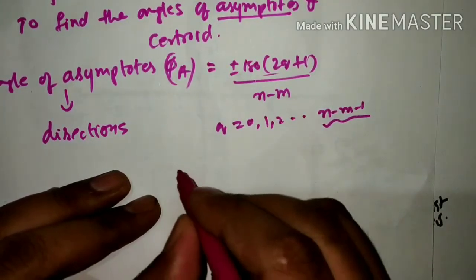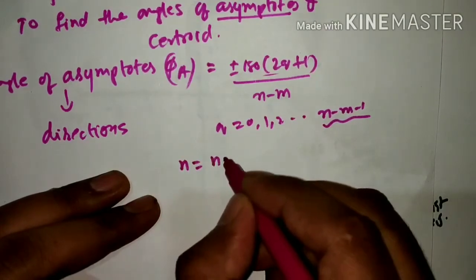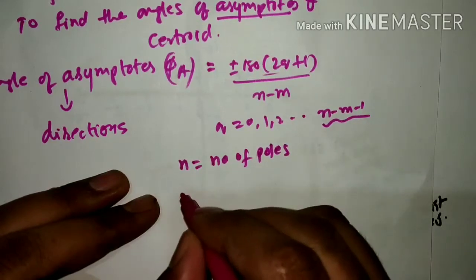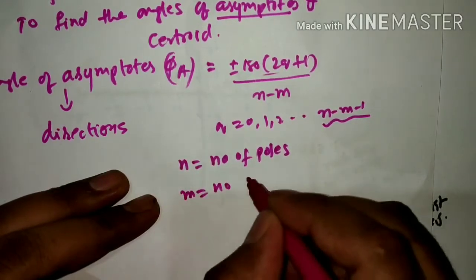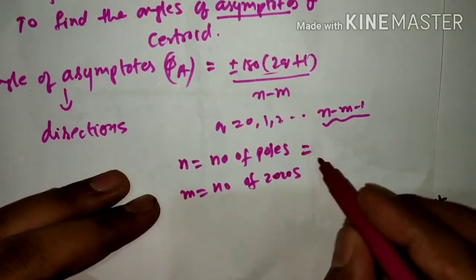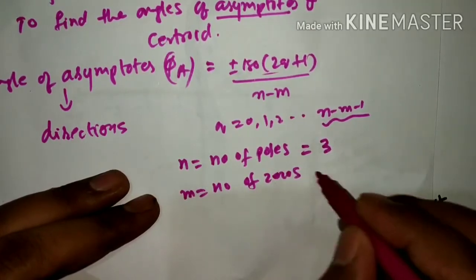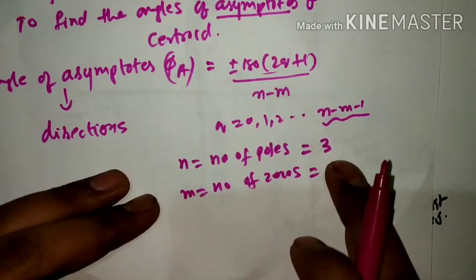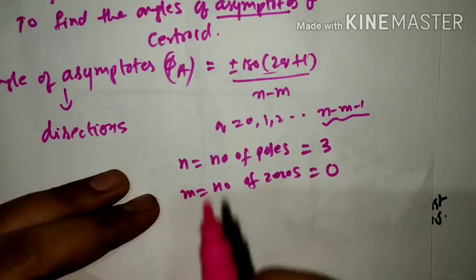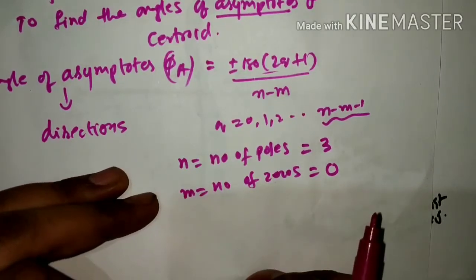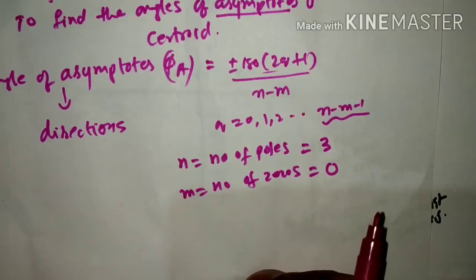Here n is equal to the number of poles, and m is equal to the number of zeros. The number of poles is 3, we know. The number of zeros is 0, because in the numerator there is no zero. So we have 3 roots and 3 poles. Poles and roots are the same here.